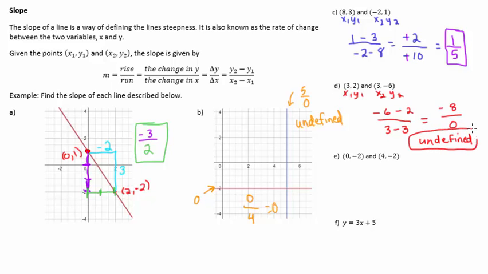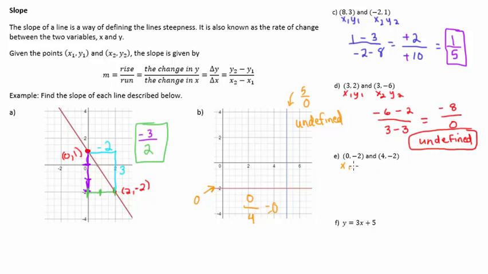So it's an undefined slope. One way, if you have issues remembering that you can't divide by 0, is to plug negative 8 divided by 0 into your calculator. It should give you some kind of an error, and the error probably says something about not being able to divide by 0. So that's a way to remember that when you get that error, your slope is undefined.